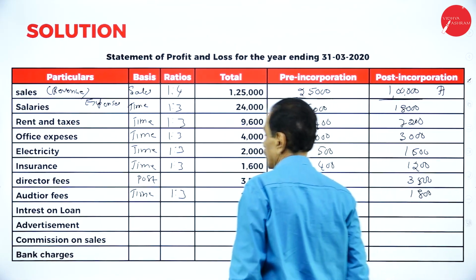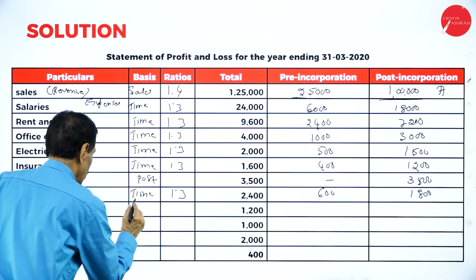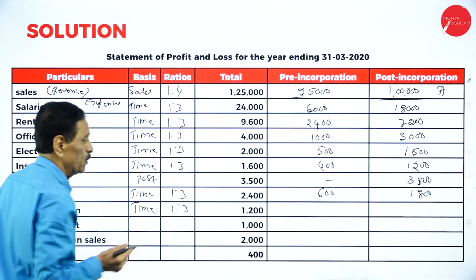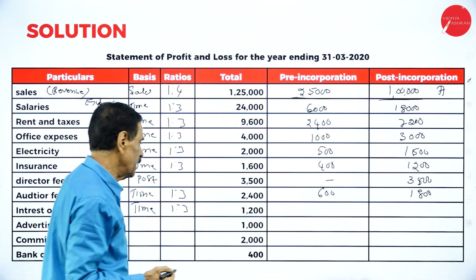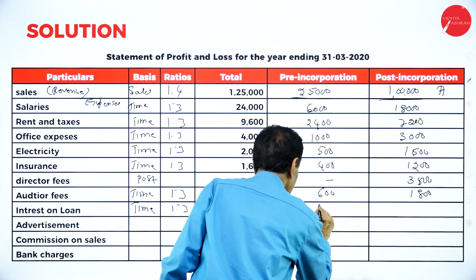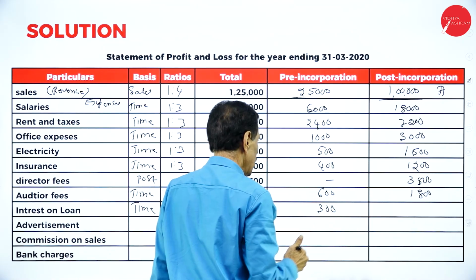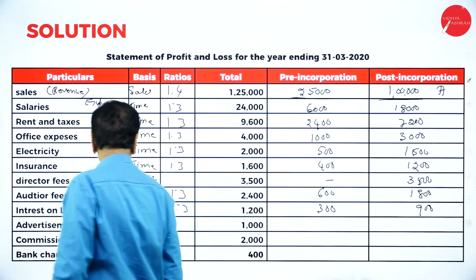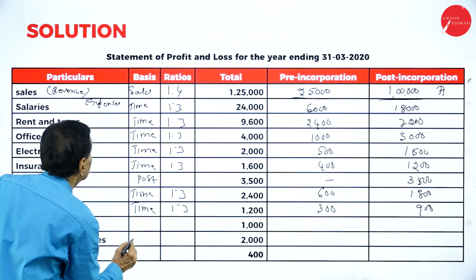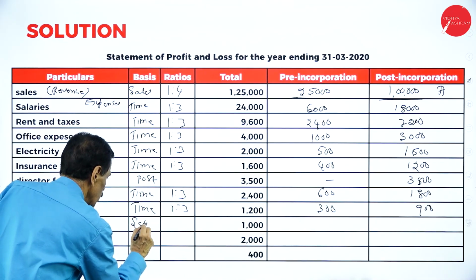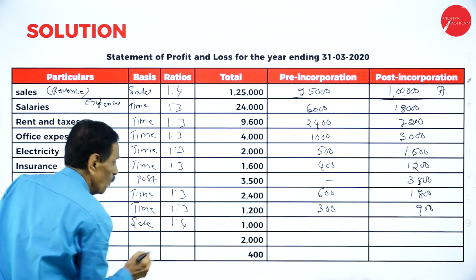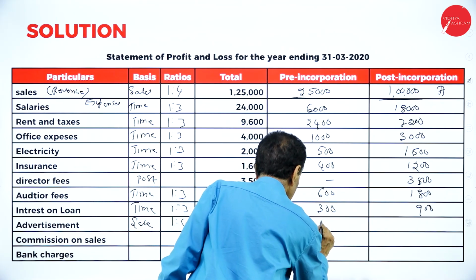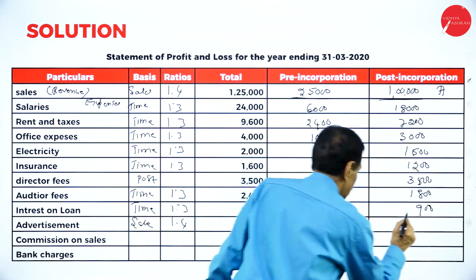Then interest on loan, time ratio 1:3, 1,200, 300, 900. Then advertisement on basis of sales ratio 1:4, 1/5 means 200, 800.